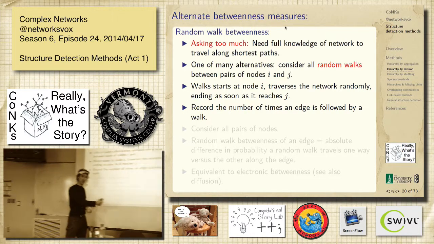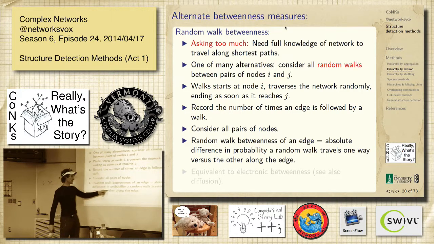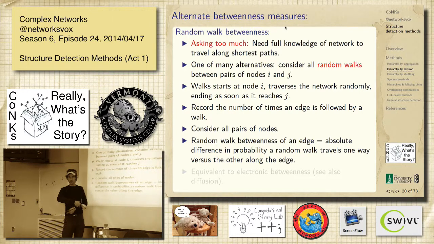But they'll get traversed different numbers of times in different directions, right? So it's the absolute difference in the probability of a random walk going one way versus the other way.